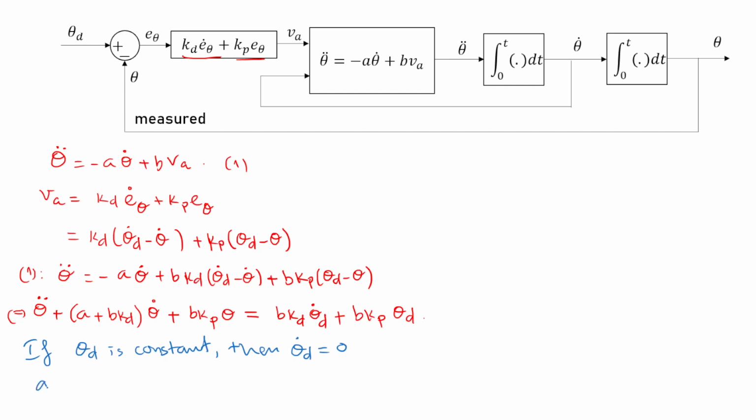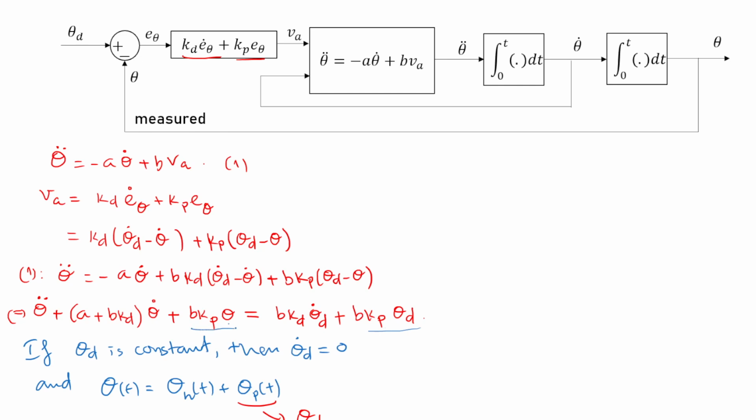And the solution theta of t is theta homogeneous of t plus theta particular of t, where theta particular approaches theta d. Why? You can see here, if theta d dot is 0 and theta d is constant, the particular solution of theta is also constant.